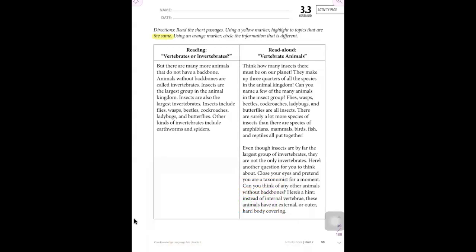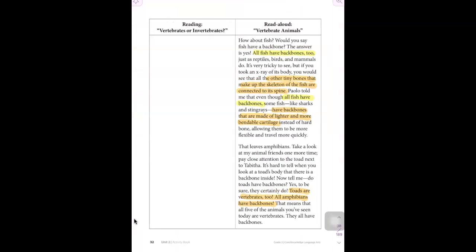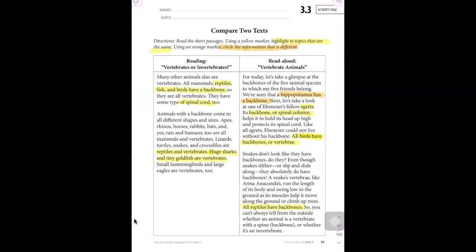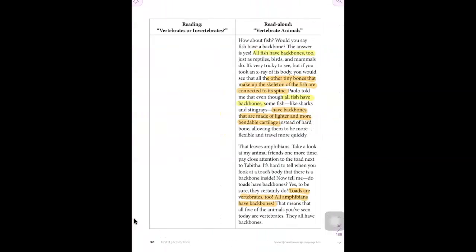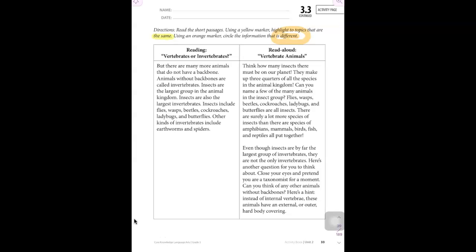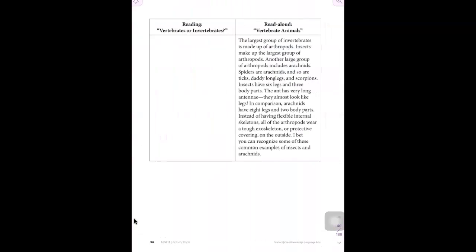And then in orange, you're going to highlight or circle the different information. You're not looking at every sentence. You're doing what we did and looking for big ideas. You will submit the second part of 3.3 when you're finished. So you will be submitting pages 33 and 34 from your activity book. Good luck!